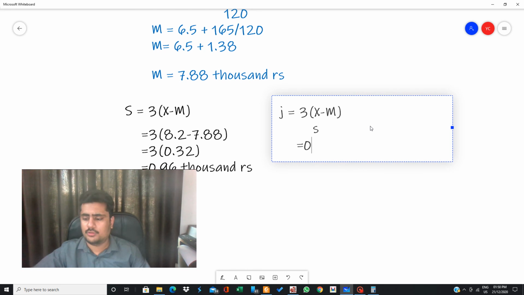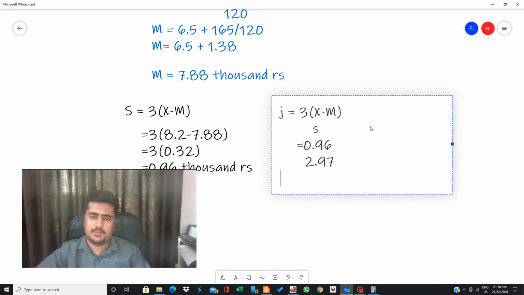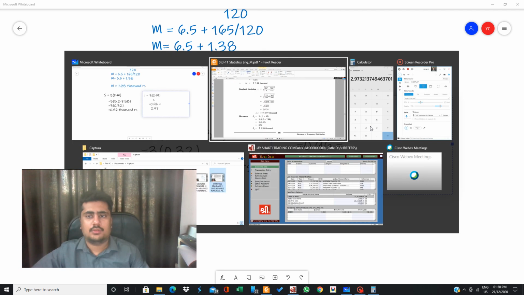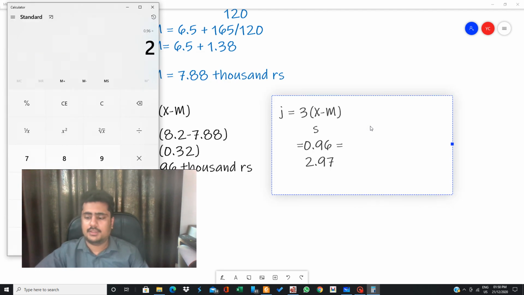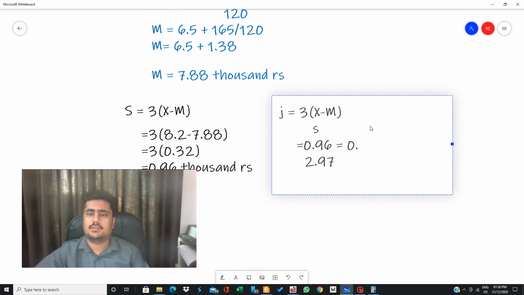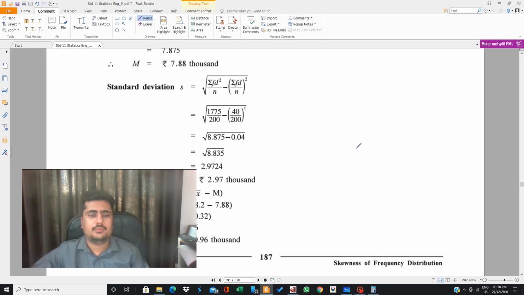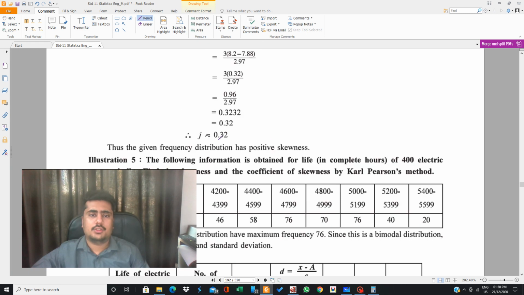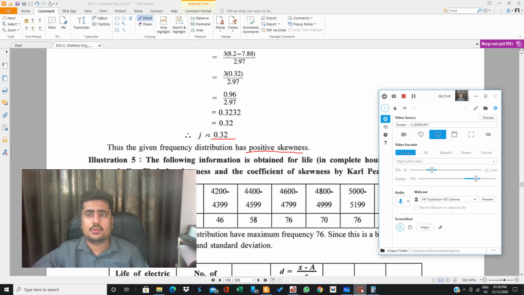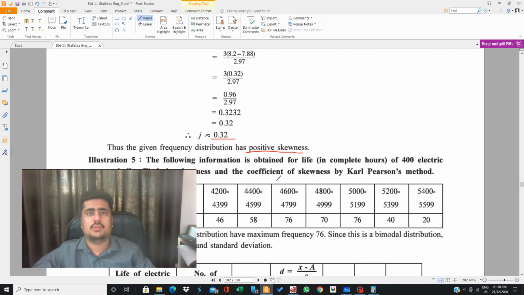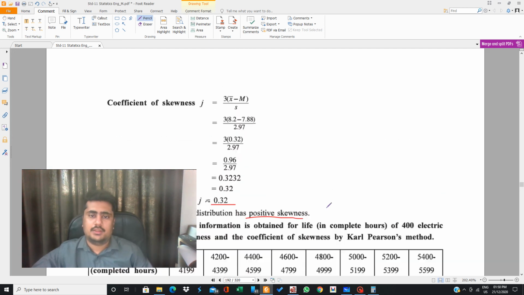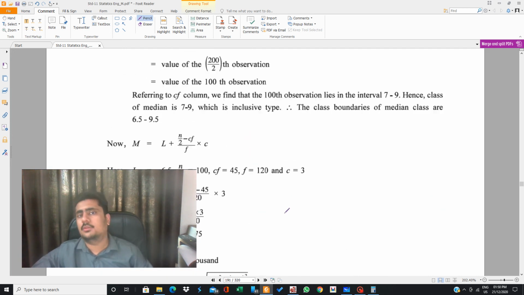You had solved 3 into mean minus median, so I can write directly 0.96 upon 2.97. So this is 0.32. So my coefficient is 0.32 and it is positive. So you can see there is a positive skewness in it.